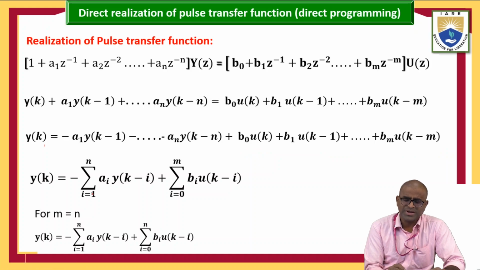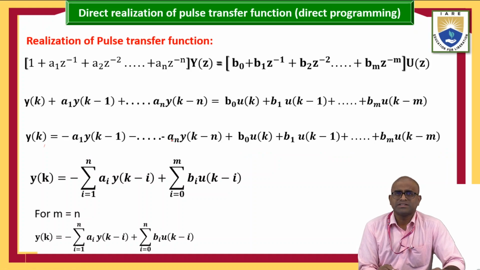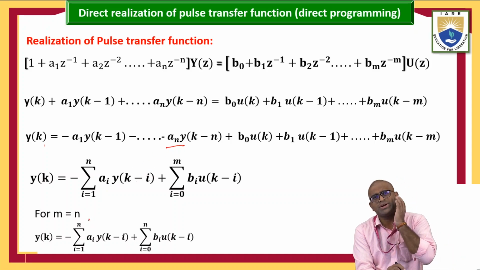For the n sections of A, we apply a summation function, sigma i equal to 1 to n of Ai Y of k minus i, where i equals 1 to n.